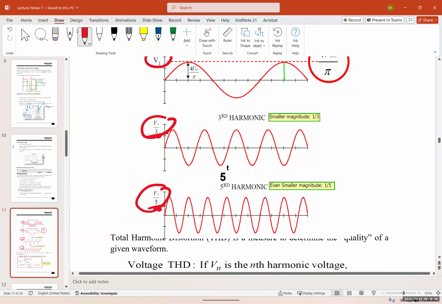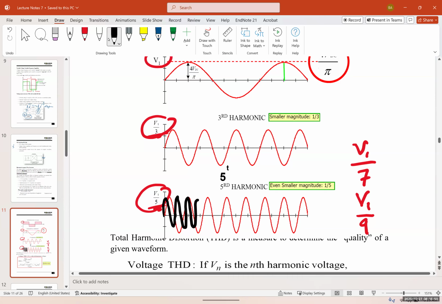The seventh harmonic is going to be V1 divided by 7. The ninth one is going to be V1 divided by 9. The seventh one is going to have a frequency that is 7 times, so it's going to look like this. And for the ninth harmonic, the higher the harmonic is, the higher the frequency but the lower the amplitude.